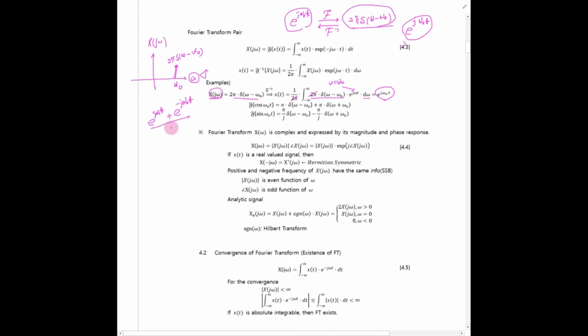This is cosine ω0t. By taking the Fourier transform, we know that each of these is a delta function, and divided by 2 cancels out that one. So it will be 2π delta(ω minus ω0) plus 2π delta(ω plus ω0).